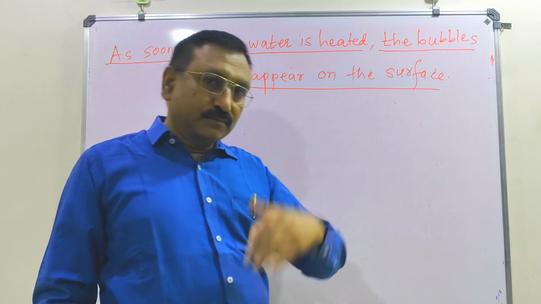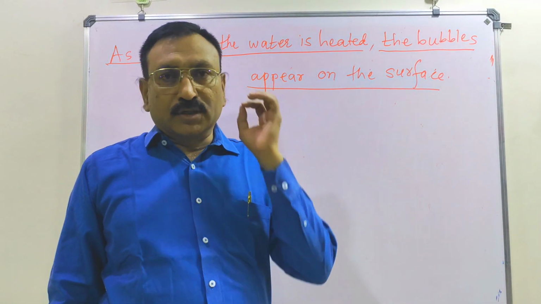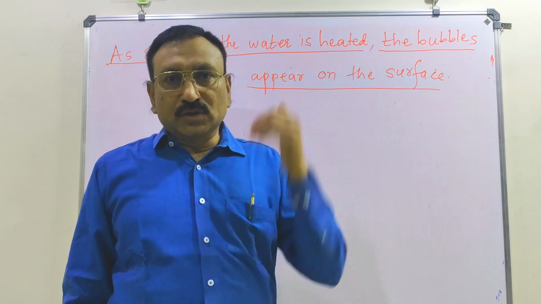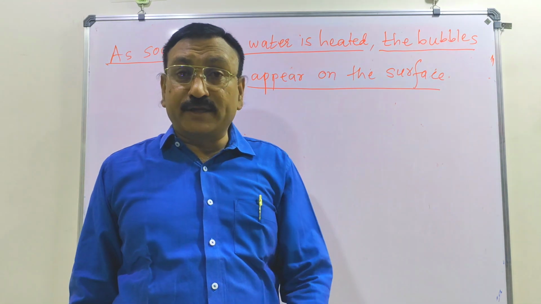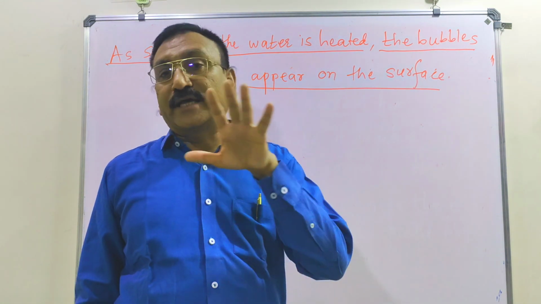Okay. In the previous sentence, I explained that the conjunction as soon as is used to introduce the incident that will immediately take place after the previous incident has been completed.